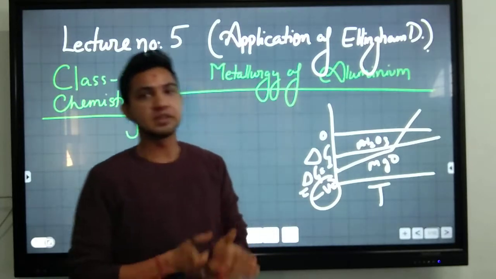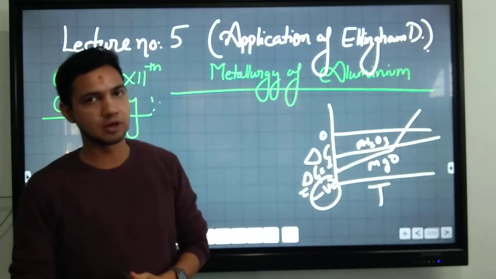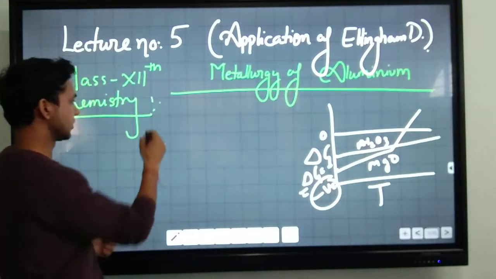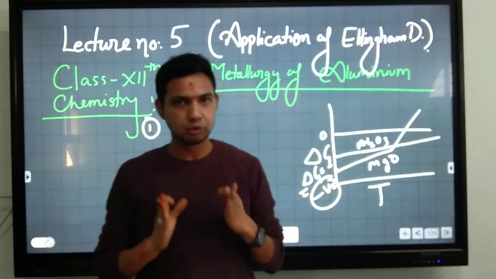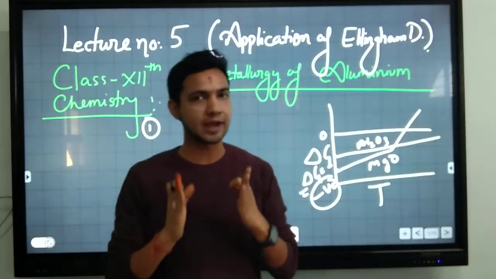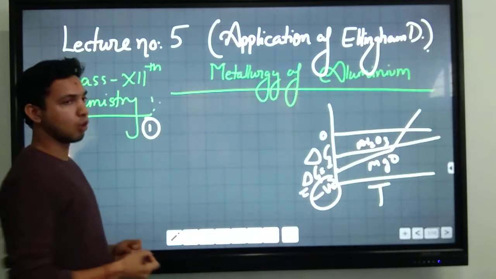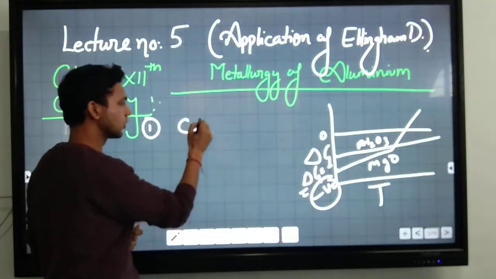Before starting the metallurgy of aluminium, I am just going to explain the thermodynamic concept of this aluminium metallurgy. Generally, you know, we require a proper reducing agent to remove an active metal from its ore. So here, the proper reducing agent we are using is coke.